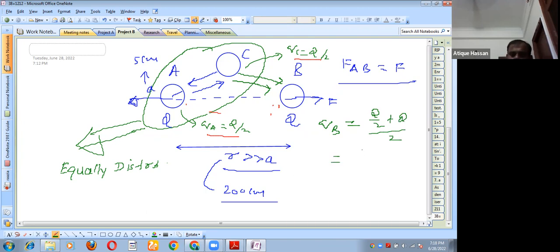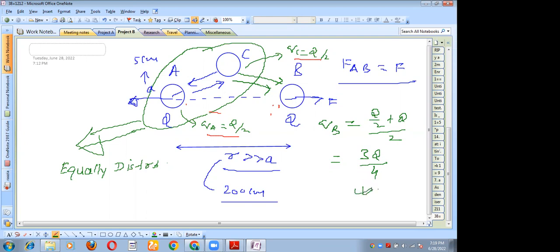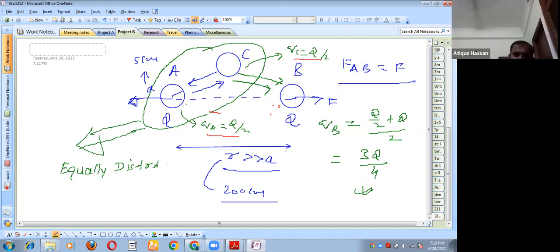So it should be 3Q by 4. Getting it? Now we have to find the force between them. Have you got this point? How does it become 3Q by 4? Yes, sir. Now the charges are obvious: A has Q by 2. Now our thing is easy.